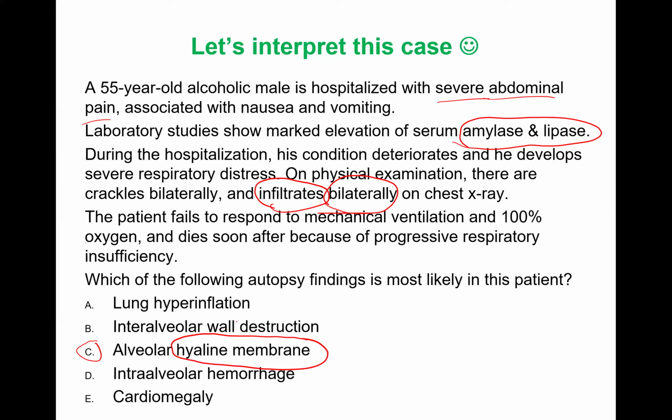Typical of the cases of acute respiratory distress syndrome, which followed after the pancreatitis, right? Neutrophils got activated and started damaging the alveoli. Why do we exclude lung hyperinflation?